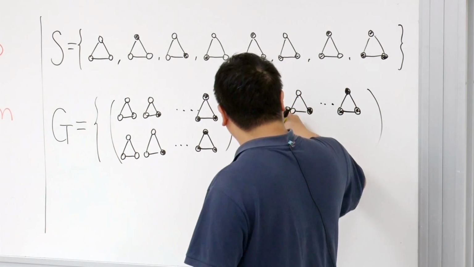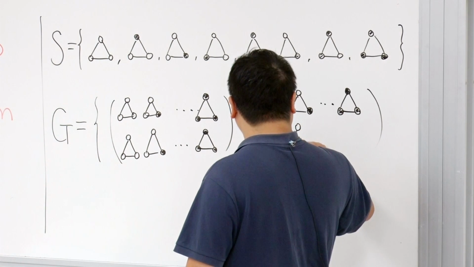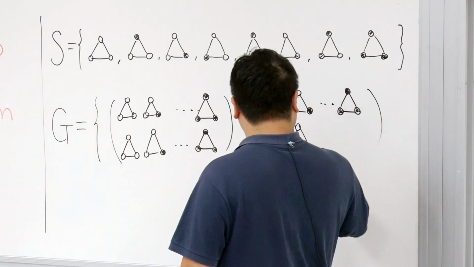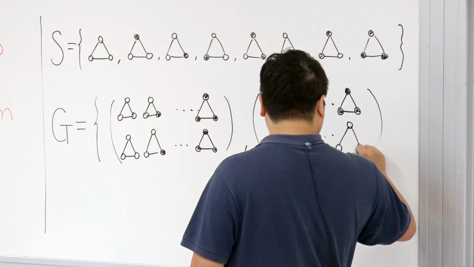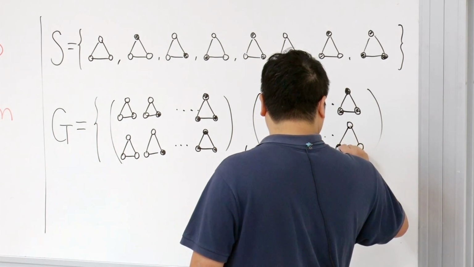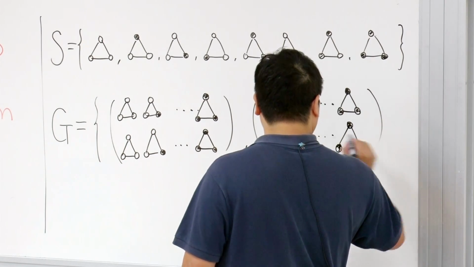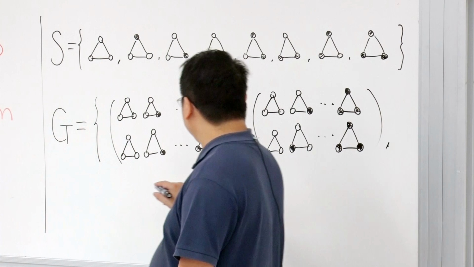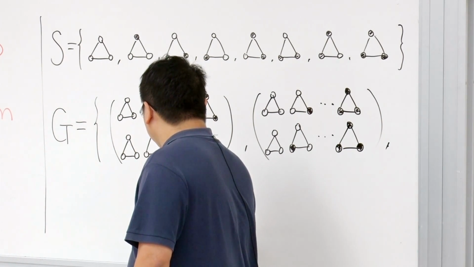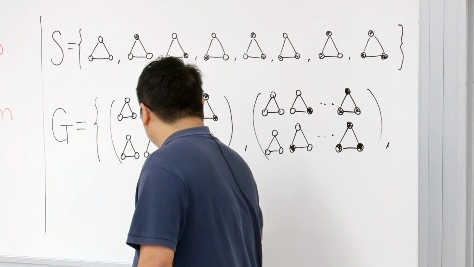So rotating this one, you get this one. Rotating this one, you get this one. And you get this one. Is that okay? And let's consider one more permutation that rotates each one by 240.